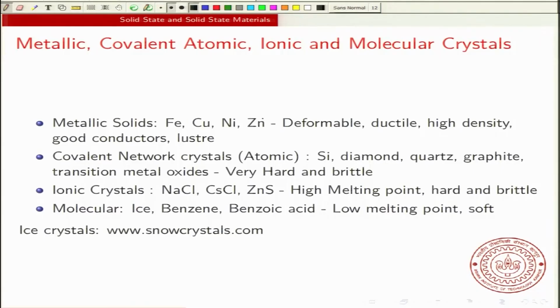One characteristic of metallic solids is that if you look at a metallic solid, let us say copper, and look at its structure, what you will find is the core of copper. When I say the core of copper, it is the nucleus and all the electrons except the valence electrons.